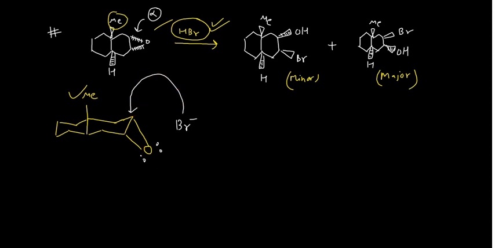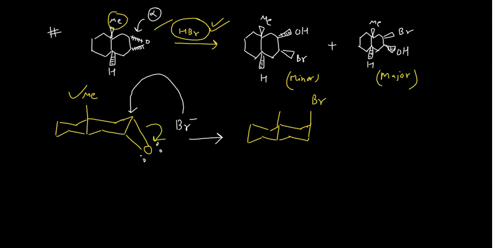So when this attacks from this position, your intermediate would look like that. Say this is the first ring and this is the second 6-membered ring. This methyl is up and this Br has attacked from the axial position, so Br is up, and when this attacks, this will get shifted over there.